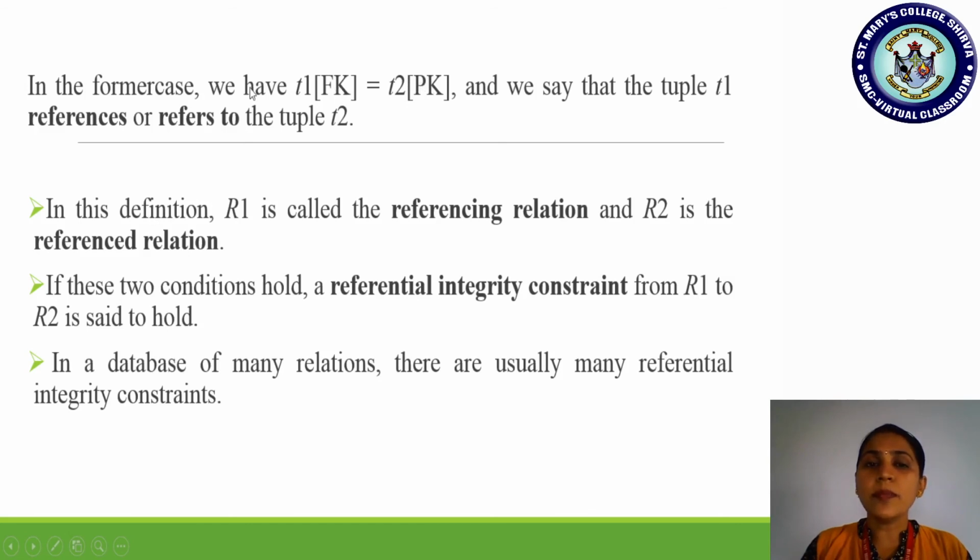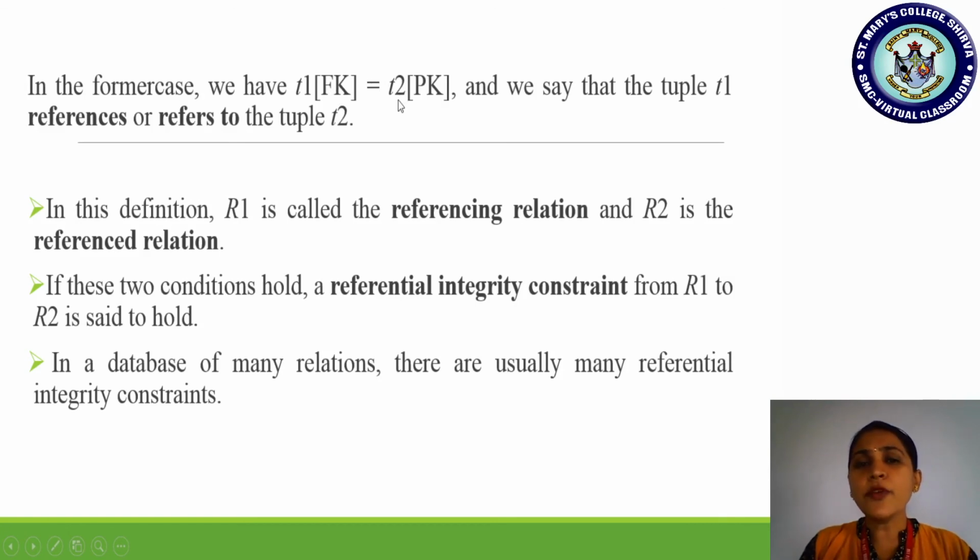What does this mean? If we consider this as the employee relation, and this as the department relation, then John, who is working in department number 5, where department number is a foreign key value, right? Yes. So the tuple where John is given with the information that he is working in department number 5 should be equal to T2.